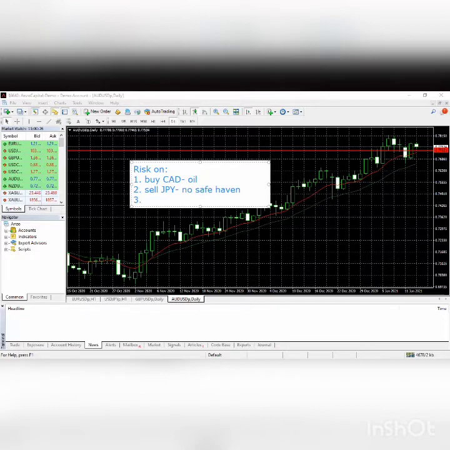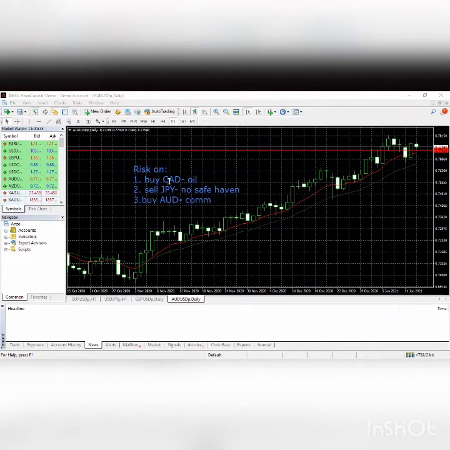Third idea dyan is pwede kang buy Australian dollar, kasi nakapeg naman yan sa commodities. Yan yung usually assumption kapag nagkaroon ng risk on.